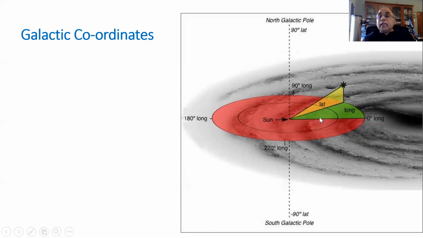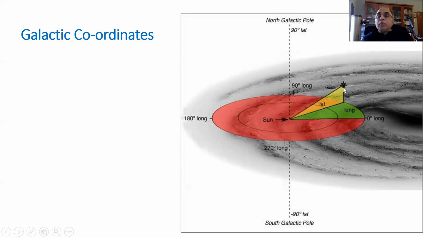Towards the galactic center, we take 0 longitude. And in the plane of the galaxy, we measure longitude 10, 15, 20, 30, 90. The anti-center of the galaxy is 180 degrees longitude, and 270 when it's pointing outwards and back to this. And then we measure the object's position above the galactic plane, which gives the galactic latitude, right?